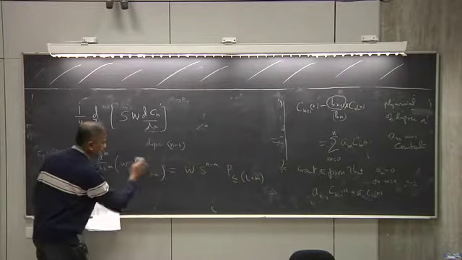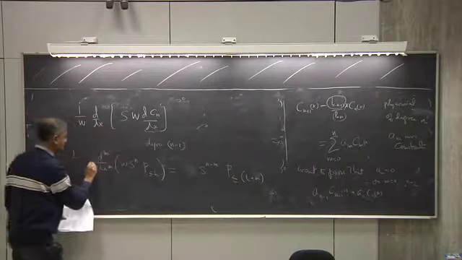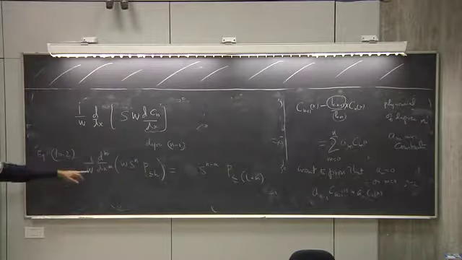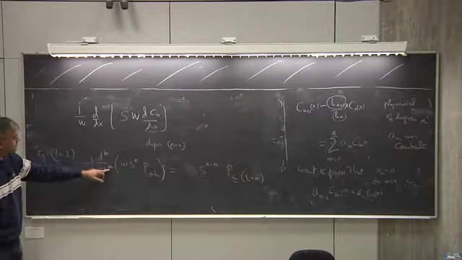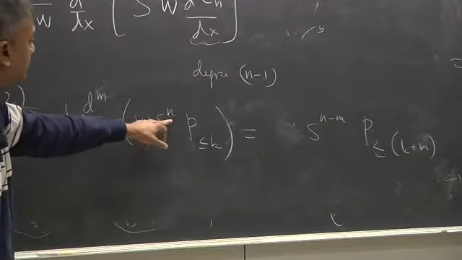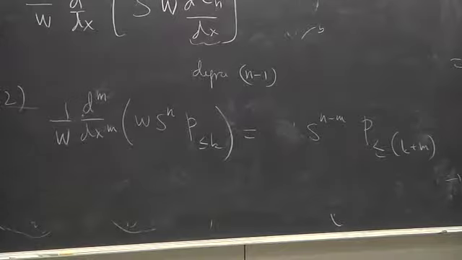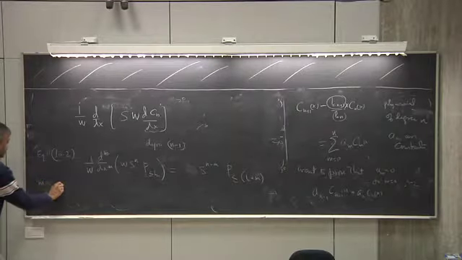Now let me divide both sides by w, and apply this for m equal to 1 and n equal to 1.